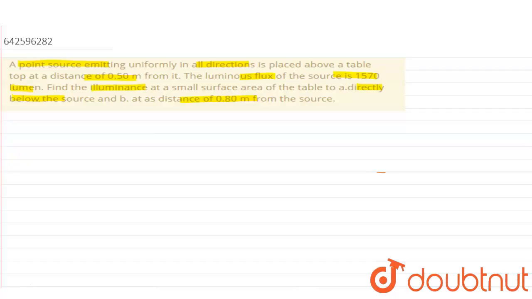This is a table top and this is the source here at a distance of 0.5 in the A part, right? So luminous flux is equal to 1570 lumen, which is given in the question.